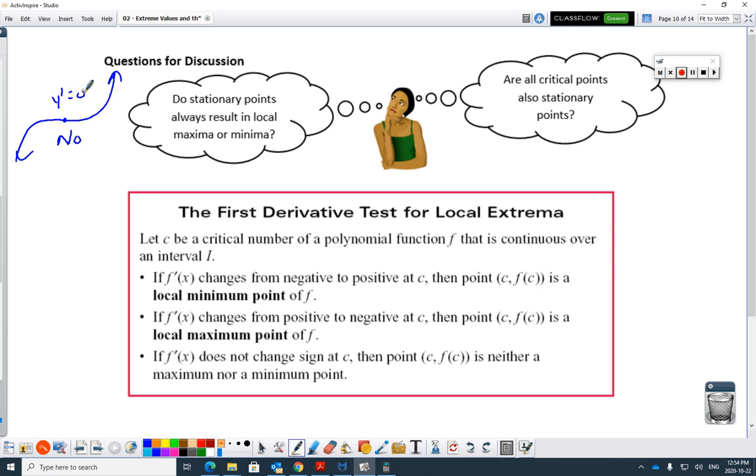Are all critical points stationary points? No. You could have somewhere where the derivative doesn't exist. It's a critical point, but the derivative doesn't equal 0. And there's plenty of other examples of situations that come up where just because it's a critical point, just because the derivative doesn't exist, doesn't mean you've got a point where the derivative equals 0.